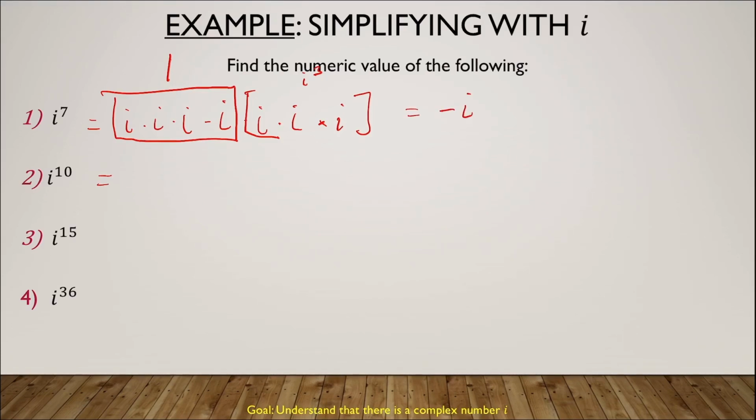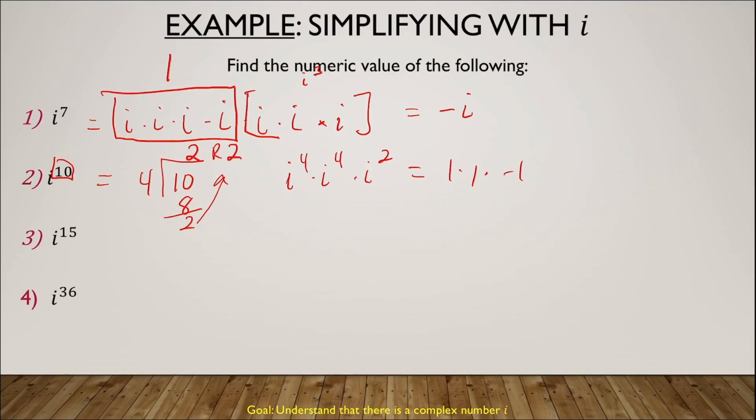Another way you can think of this is we can take i to the 10th, so I'm taking this exponent and dividing it by 4. It goes in 2 times with a remainder of 2, right? 4 times 2 is 8. There's my remainder. So I know that it's i to the 4th 2 times, times i squared. So I know that is 1 times negative 1, which is a negative 1.